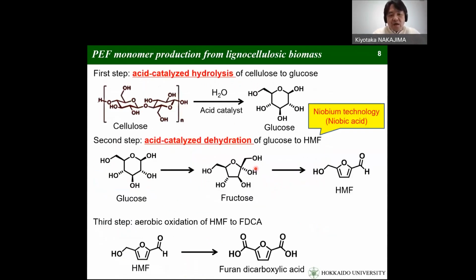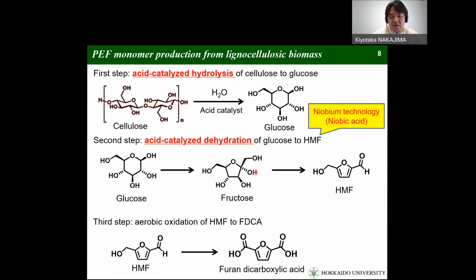Again, I want to review the process to obtain furan dicarboxylic acid, this target molecule, from biomass. Cellulose is the main source for this production, and acid-catalyzed hydrolysis of cellulose produces glucose in the first step. Glucose undergoes acid-catalyzed dehydration to produce HMF via fructose as shown here.